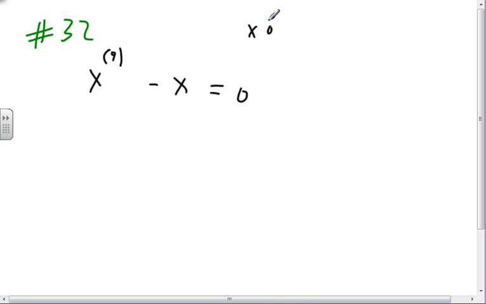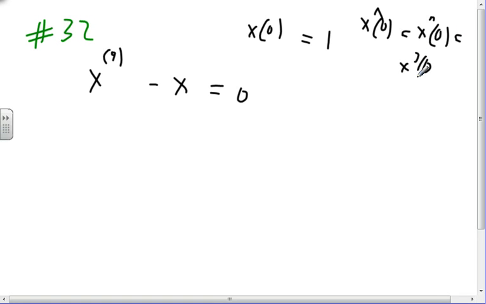X at 0 is equal to 1. X prime at 0, x double prime at 0, and the third derivative at 0 are all 0.